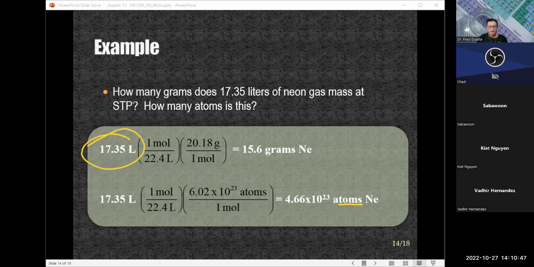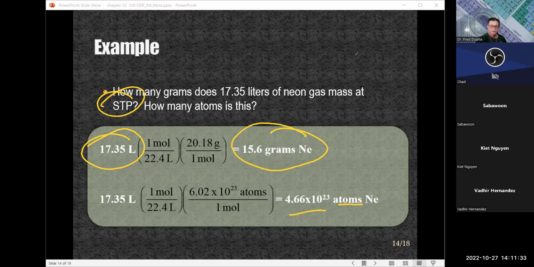If you are at STP and you have 17.35 liters of neon gas, that represents 15.6 grams of neon gas, and that represents 4.66 times 10 to the 23rd atoms of neon gas, okay? A relatively small volume, a humongous number of atoms, 10 to the 23rd, just a little bit less than a mole, okay?